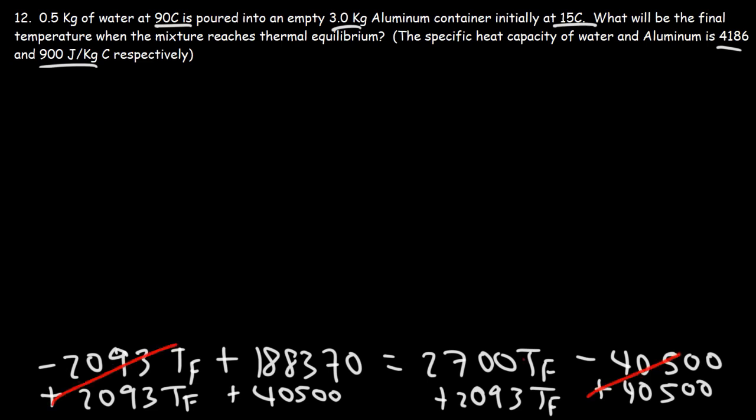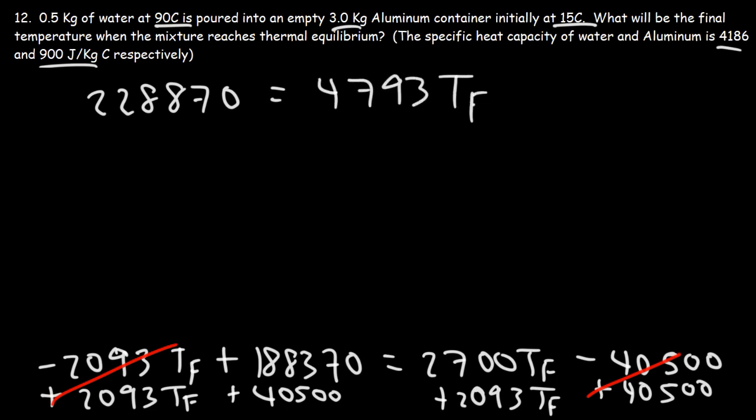So these will cancel. 188,370 plus 40,500. That's going to be 228,870. And 2,700 plus 2093, that's 4,793 times TF. So let's divide both sides by 4,793.